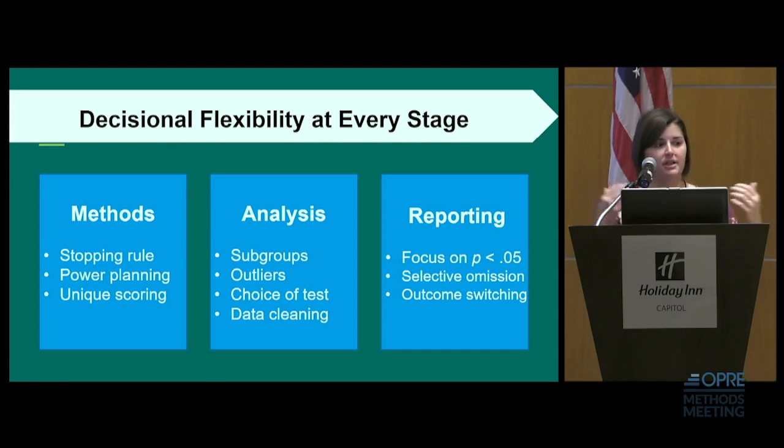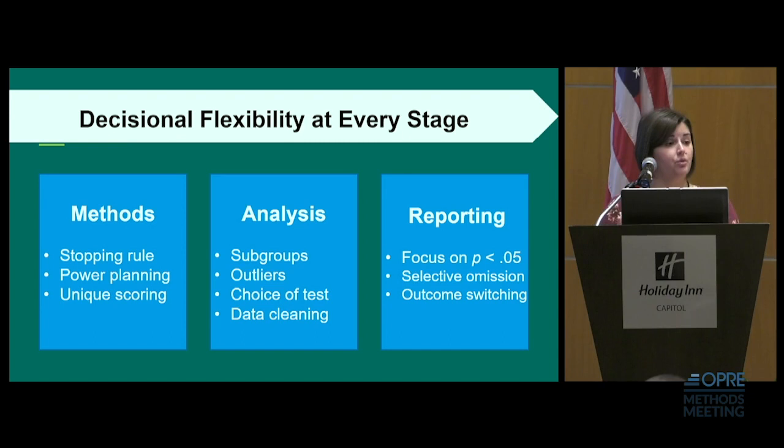So you might look at certain databases and not others, or you might include certain items and not others. Many, many, many possibilities here. That's an area where flexibility can enter in or be controlled when we pre-register how we intend to score or aggregate our data.